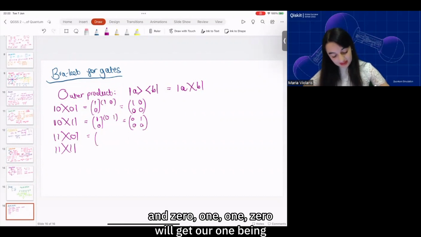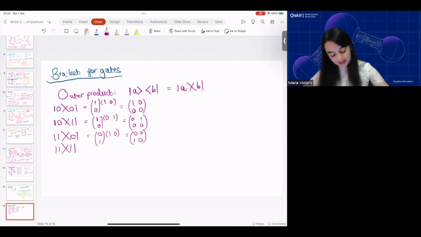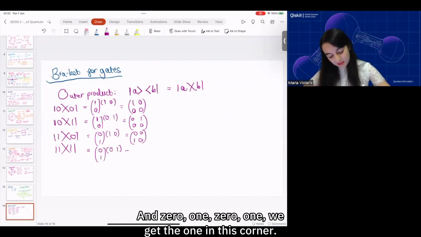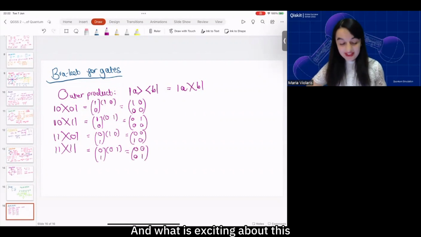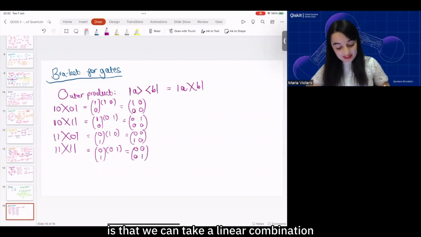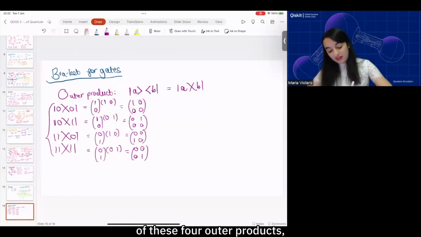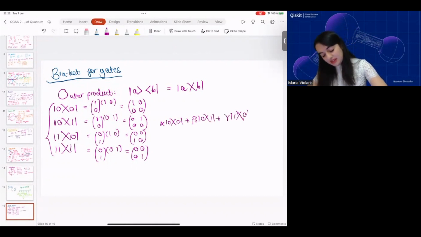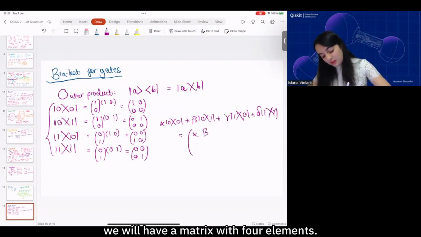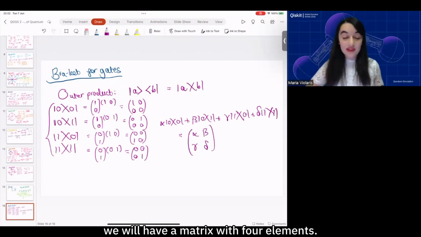And 0, 1, 1, 0 will get our 1 being in the other corner, and 0, 1, 0, 1, we get the 1 in this corner. What is exciting about this is that we can take a linear combination of these 4 outer products, say alpha, beta, gamma, delta, and in matrix form, we will have a matrix with 4 elements.